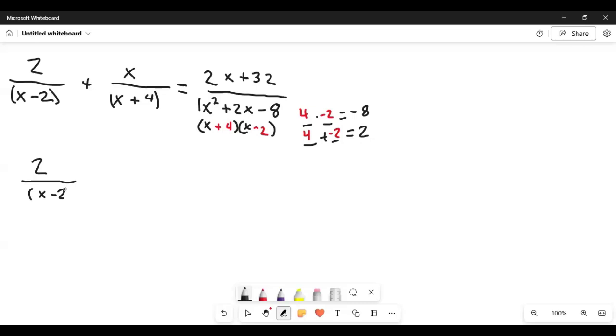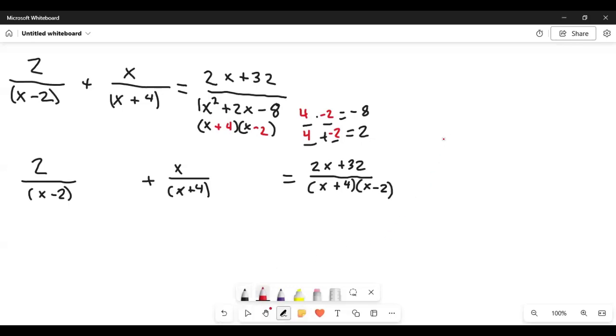So we have 2 over x minus 2, leave some space, plus x over x plus 4, leave some space, equals 2x plus 32 over the factored version of the denominator, x plus 4 times the quantity x minus 2.